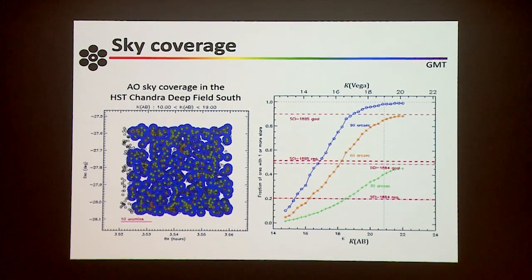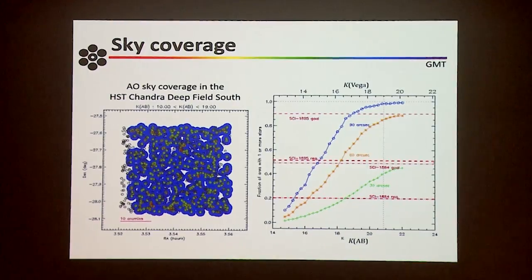So here on the right, oh, bother, keep pressing the forward button instead of the laser button, you can see the 90 arcsecond coverage, the 60 arcsecond coverage, and the 30 arcsecond coverage that we get for different K-band limits, and you can see those fields translated in the same green and blue colours over here on this side, and you can see what targets you can and cannot get within the HST Chandra Deep Field. And so you need to look at that for a large number of science cases in order to figure out whether you've found the sweet spot for a given science case.